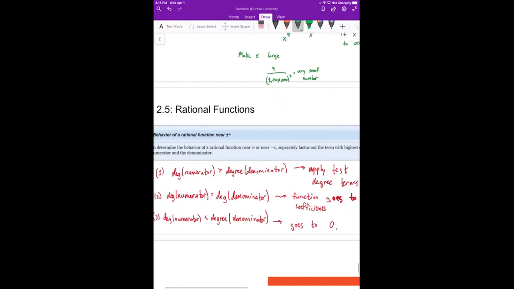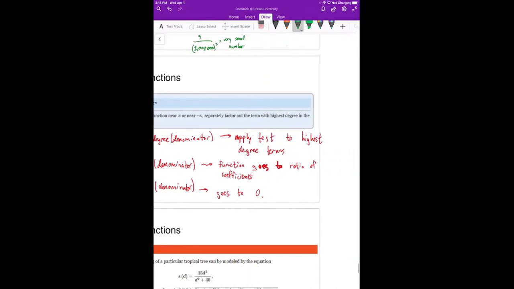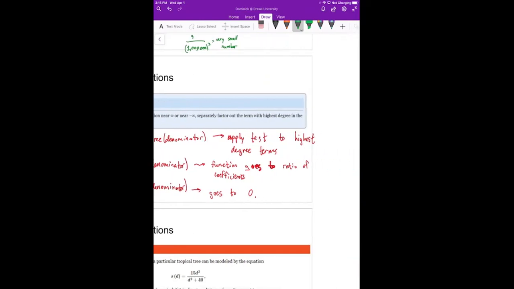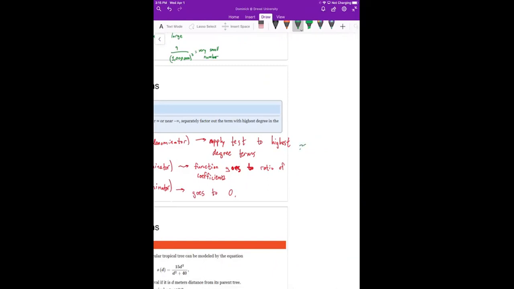We can summarize everything that's going to happen here. If the degree of the numerator is greater than the degree of the denominator, you're going to get something like, say, 9x to the 5th over x squared.